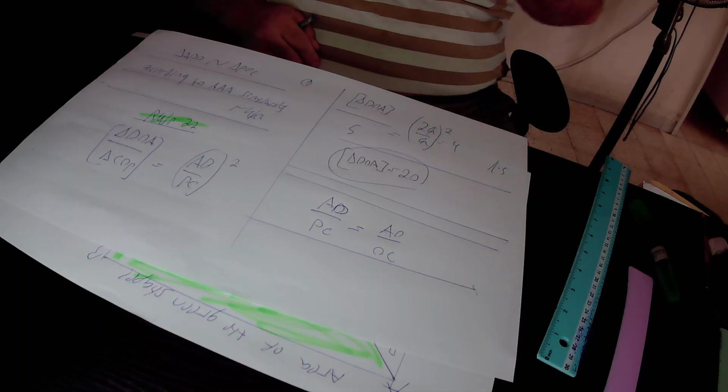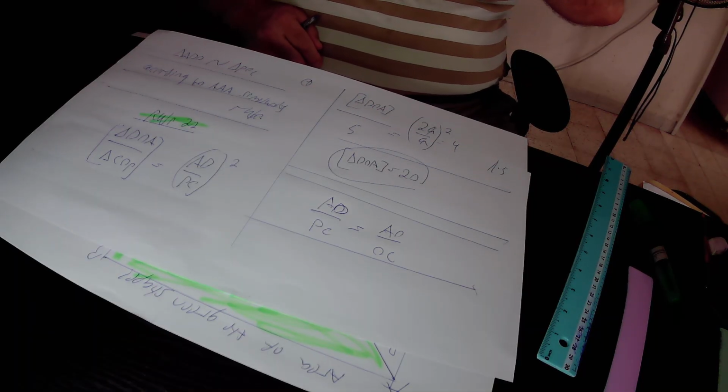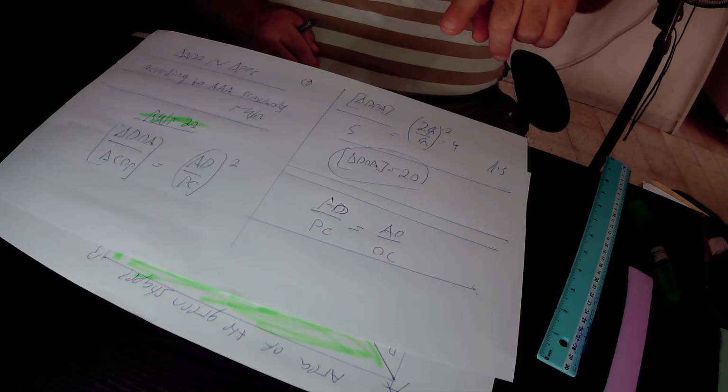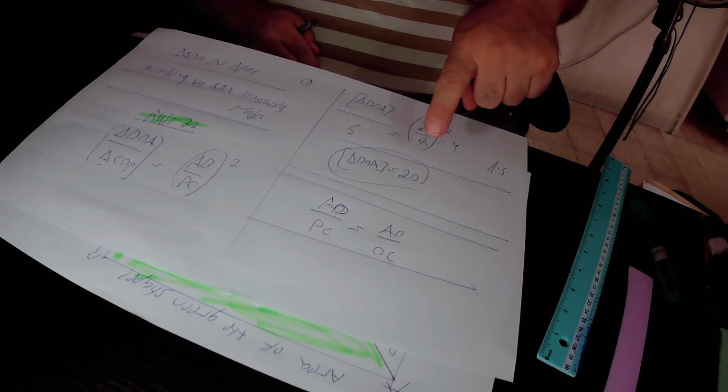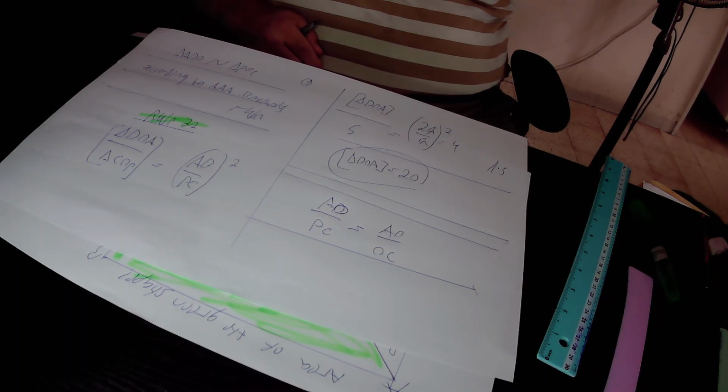Side AD of the big triangle ADO over side PC of the small triangle POC is equal to side AO of the big right triangle AOD over side OC of the small right triangle POC.